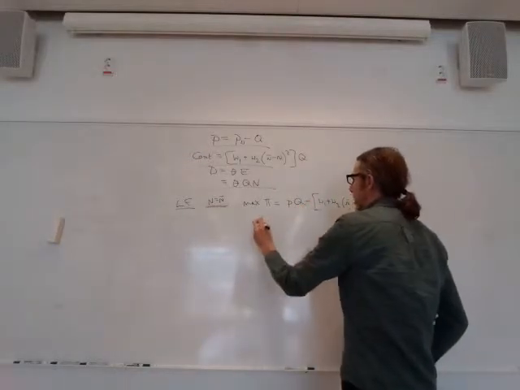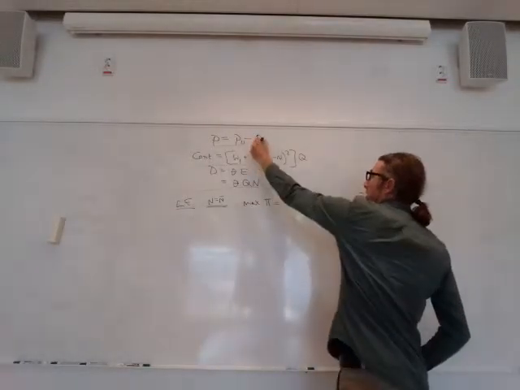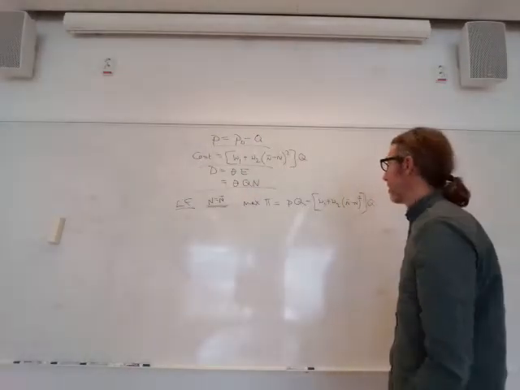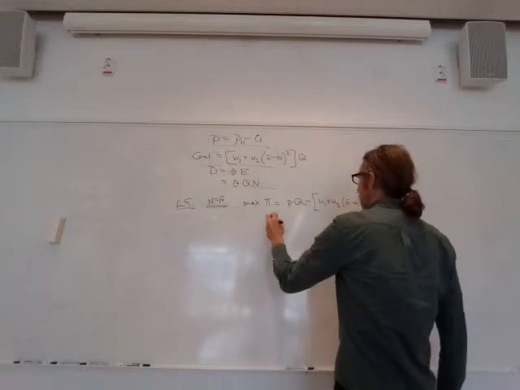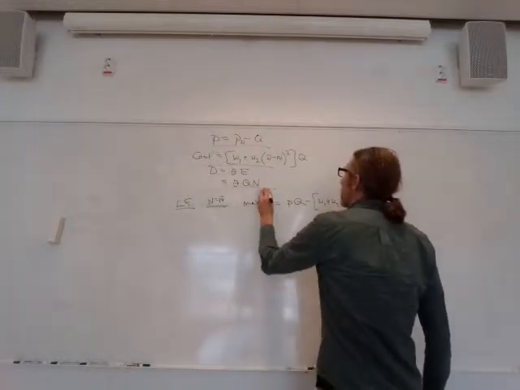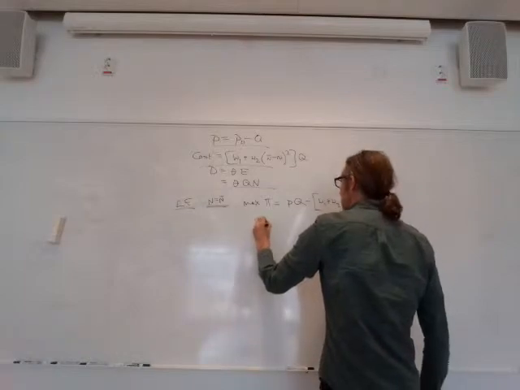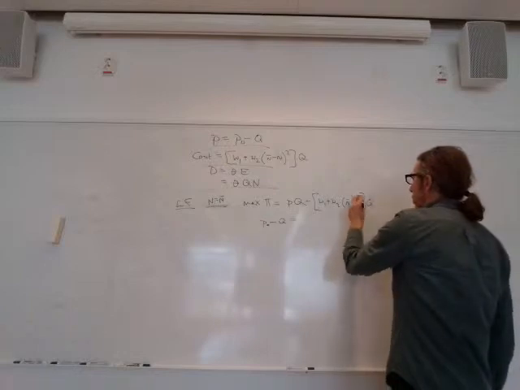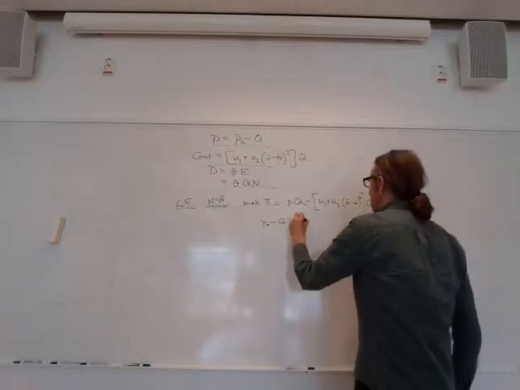P is exogenous to the representative firm, we're in perfect competition. So when we take the first order condition, we simply get that the price, P, which we can substitute in, P naught minus Q, is equal to this, having differentiated with respect to Q.